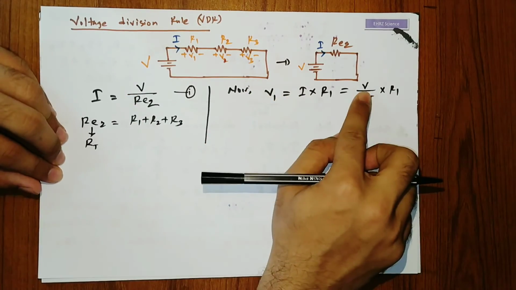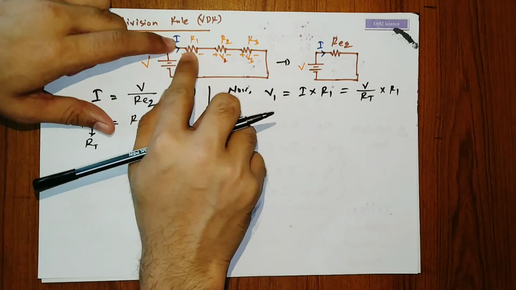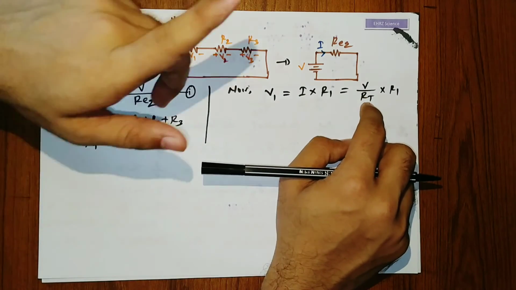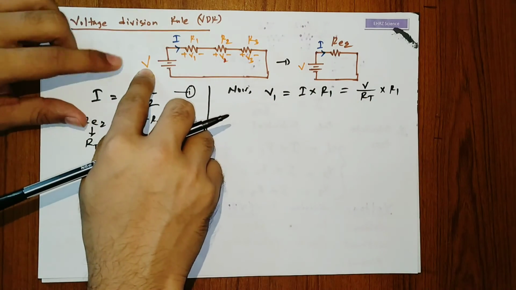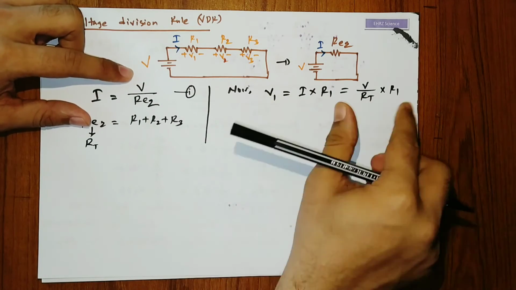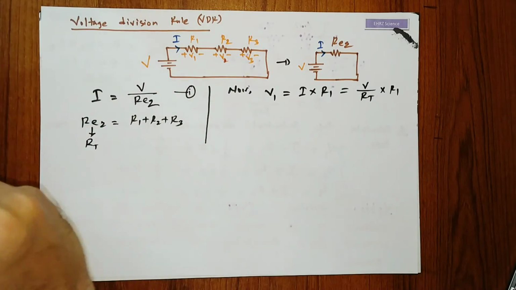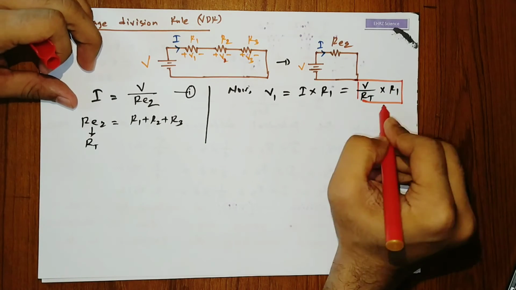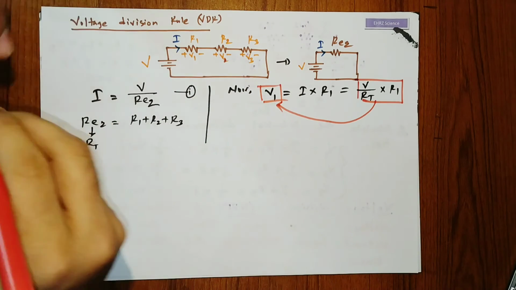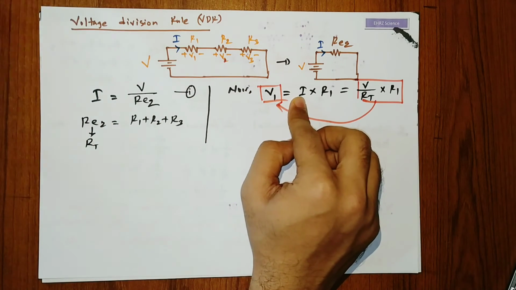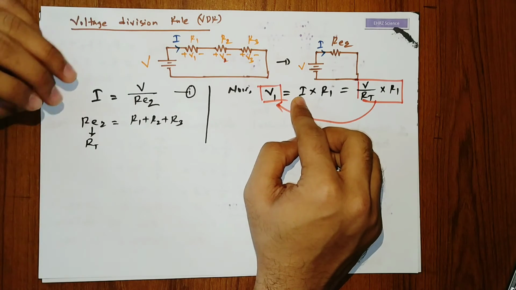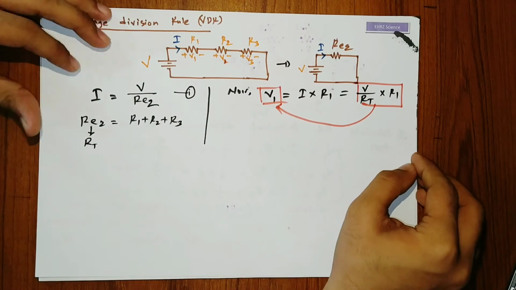If you know the values of the resistors R1, R2 and R3, you can calculate RT. And if you know the source voltage V, you can calculate V1 directly. You don't need to calculate I first. So you have saved some time here.